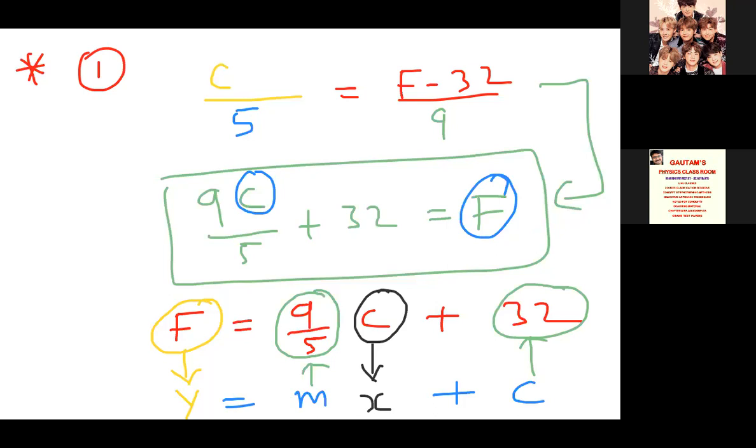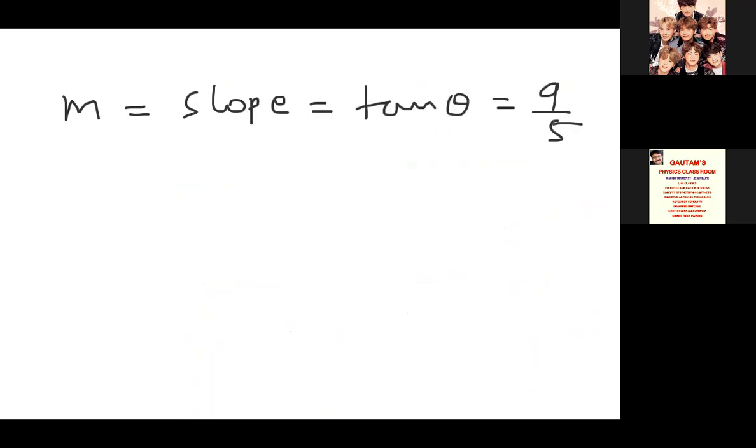And what about c? Here observe c, 32. This 32 is called the y-intercept. And I am writing c as the y-intercept. I hope you are clear till here. So what y-intercept value did I get? 32.